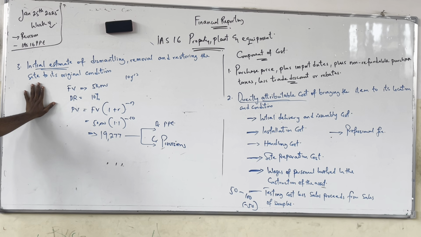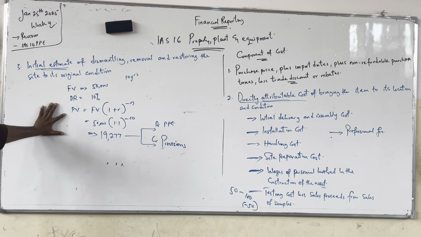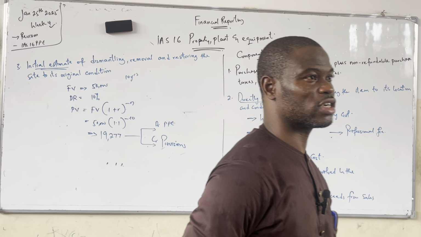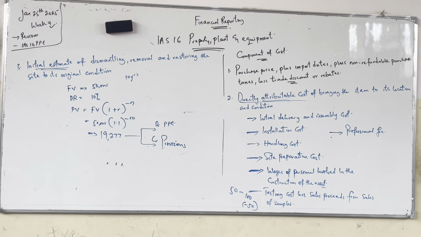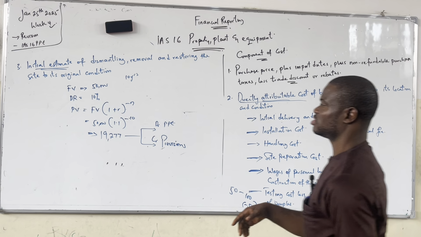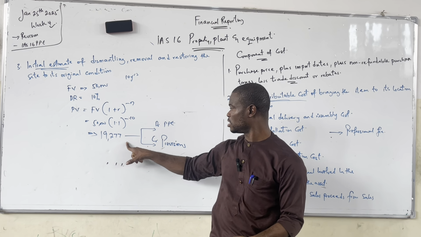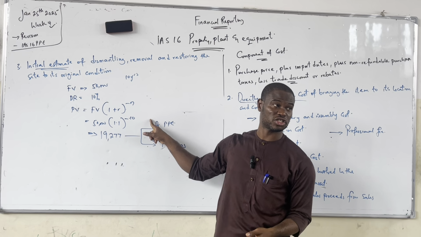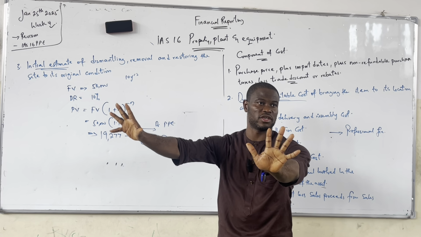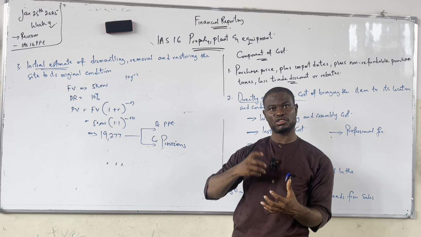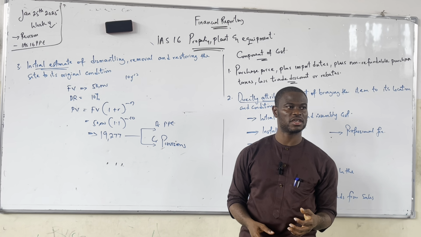Now, there's a lot to this that you're going to learn later, because whenever we use present value in reporting, it has implications. As you move through time, this discounting that you did, even though this one is historical, will not change. It's there in your PPE. But you'll be updating these provisions year in, year out.